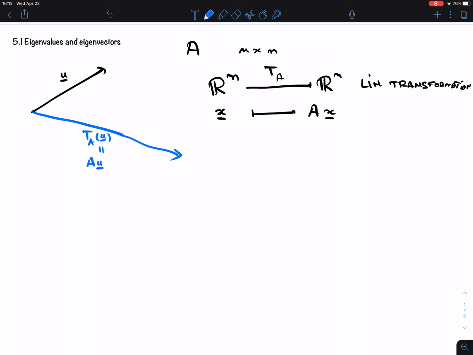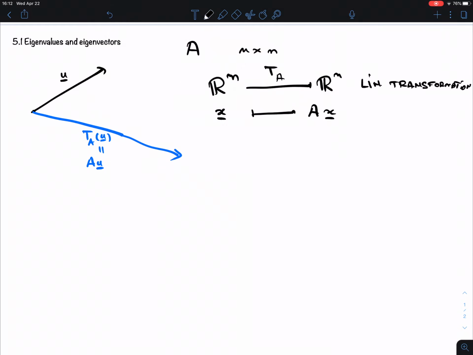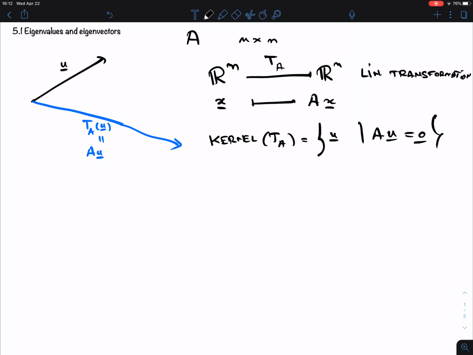I want to remind you of a special case we already talked about: what if this image, the blue vector, is actually the zero vector? That we called the kernel. The kernel of this transformation is all the vectors u so that Au equals 0, so that the blue vector is the zero vector.